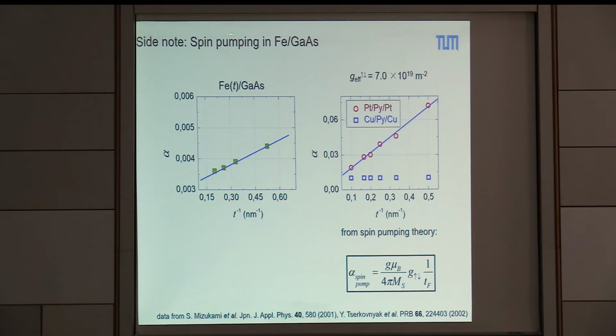I have one side note here, so we have at least something with Cavitronics. We can also do spin pumping in the system. This is a very old original data by Mitsukami, where you compare a permalloy film sandwiched between copper layers. There you pump out a spin current, but everything that you pump out comes back again. And you can see as a function of thickness, nothing happens.